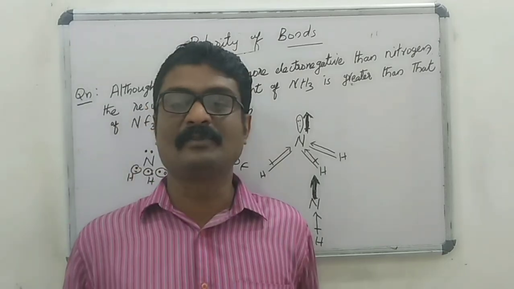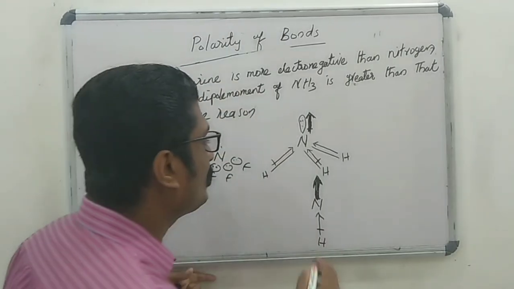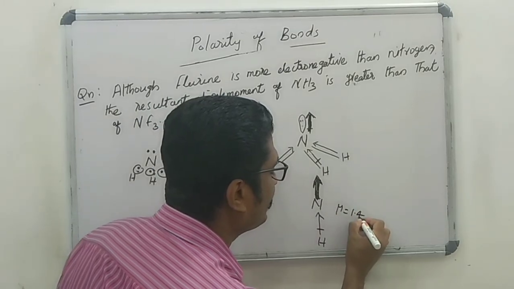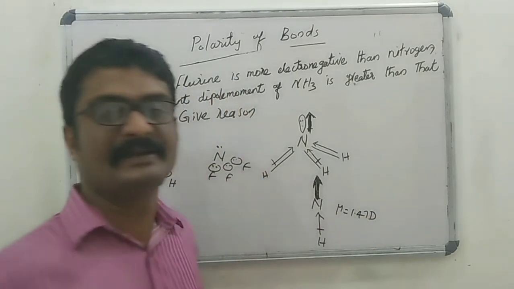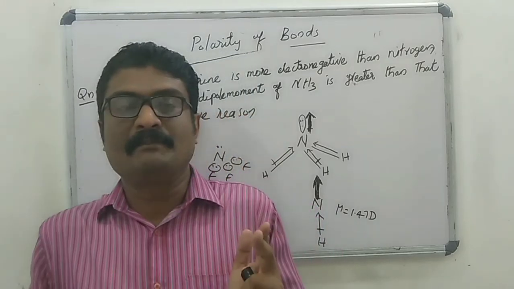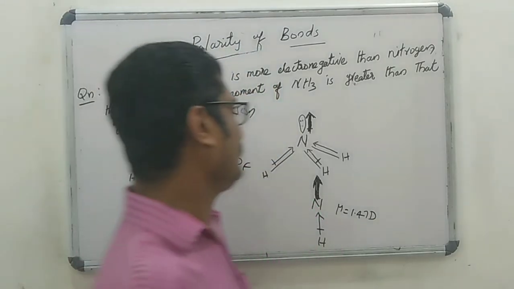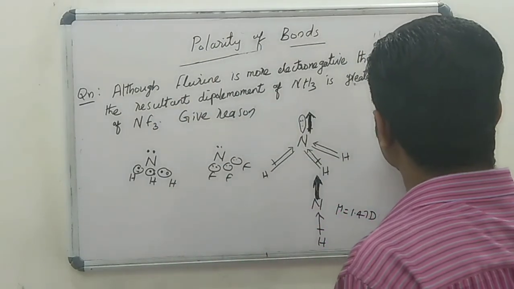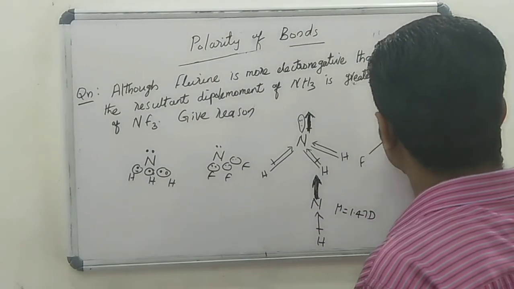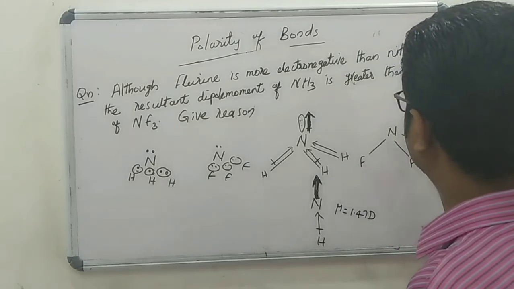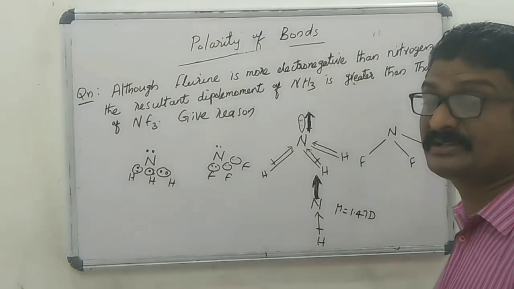The dipole moment of NH3 is 1.47 D. But in NF3, we know fluorine is more electronegative than nitrogen.